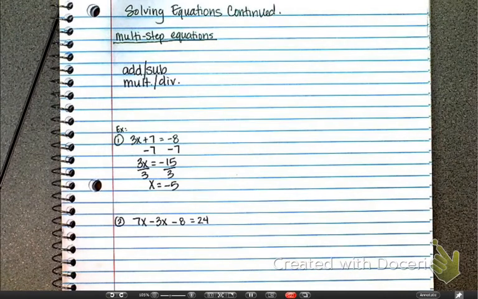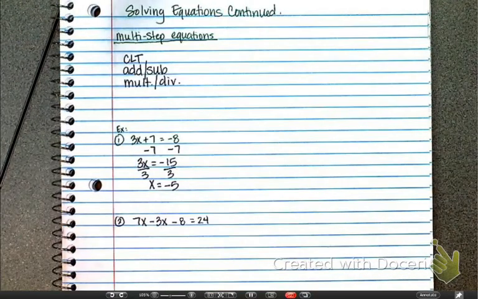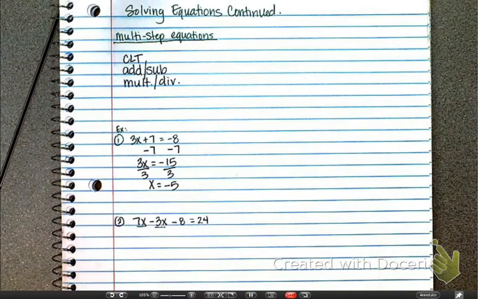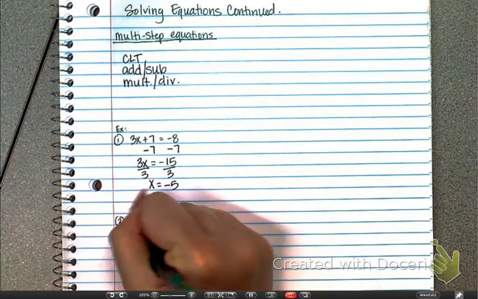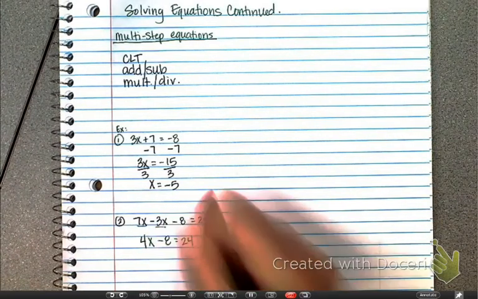We want to simplify either the left or the right of the equal sign before we start moving anything. So I'm going to add combine like terms in front of the addition and subtraction. We won't always have it, but when we do, we should combine like terms first. So my like terms in this case are 7x and -3x, giving you 4x minus 8 equals 24.